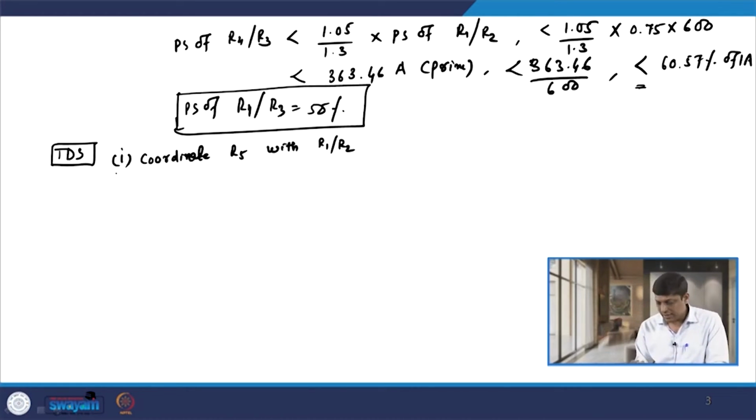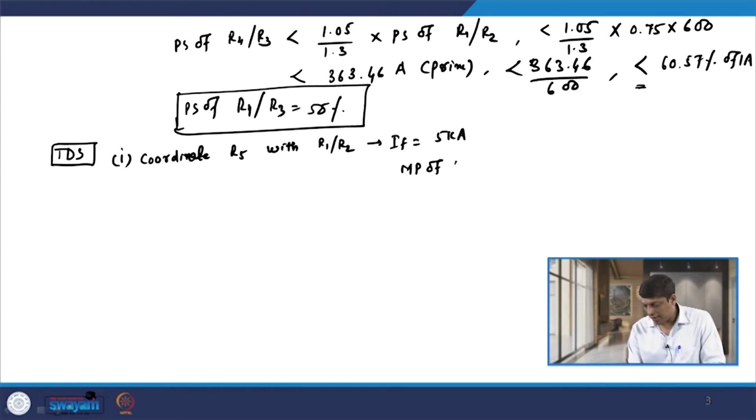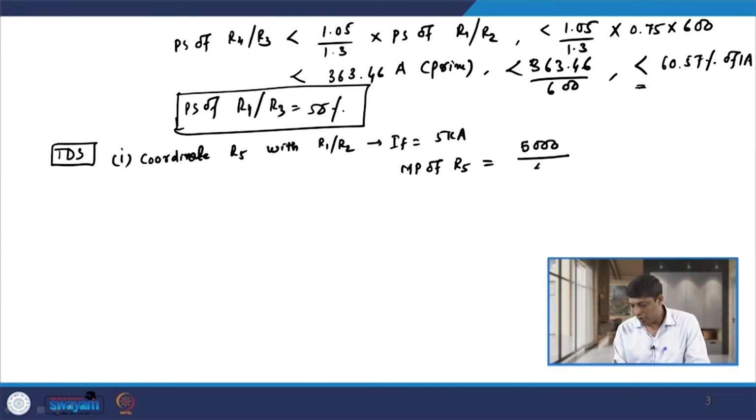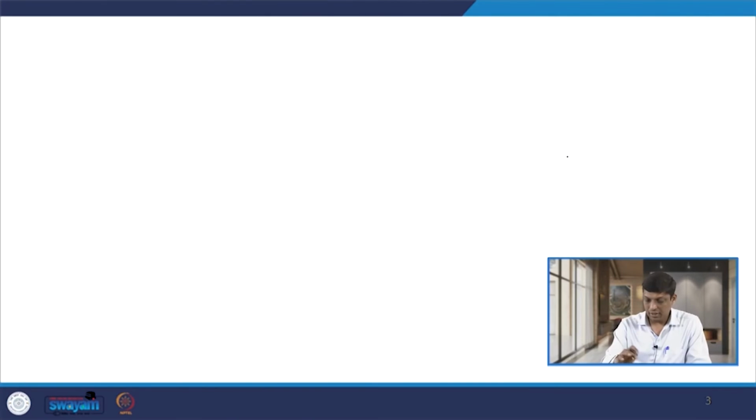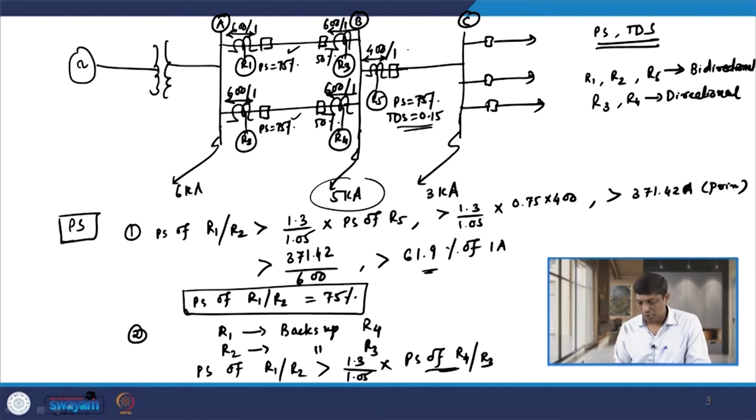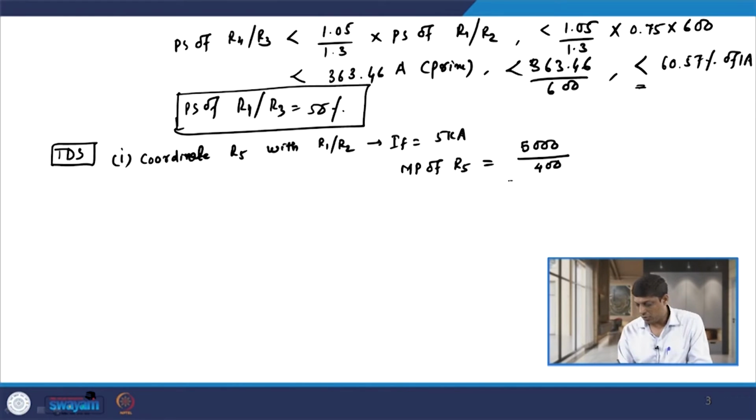So, for this, with IF equal to 5 kilo ampere, right, let us first find out the multiple of pickup current of relay R5. This is based on the 5000 ampere current divided by the CT ratio of R5, that is 400. You can see here the CT ratio of R5 is 400 and the plug setting is 75%. So, whole divided by 0.75.